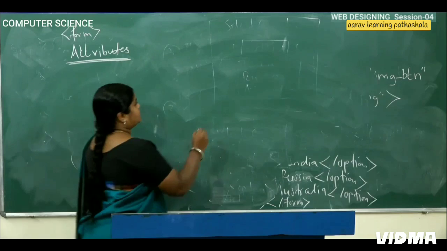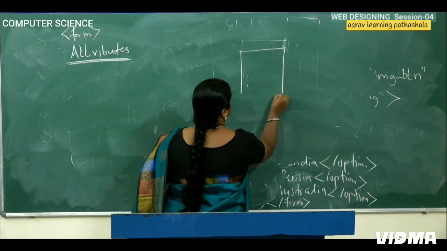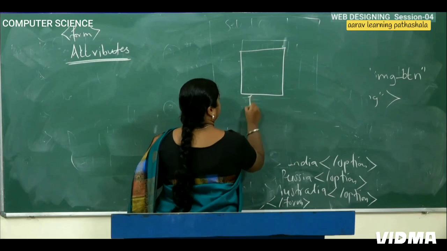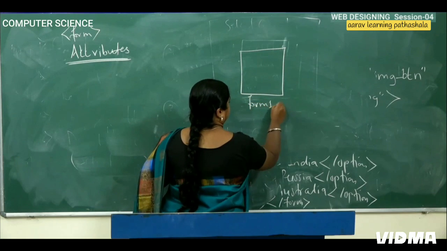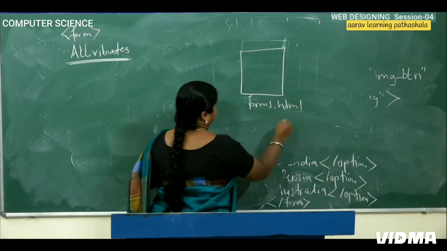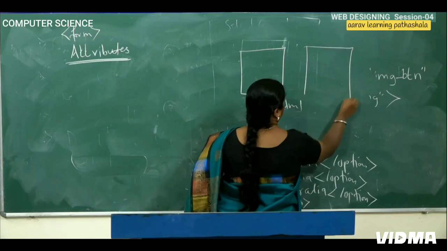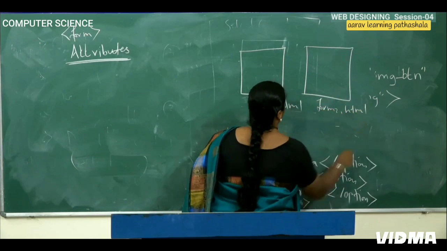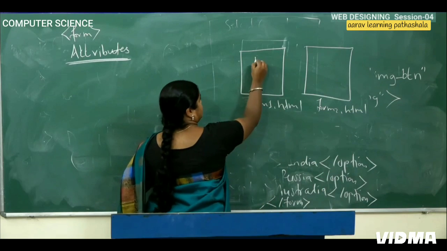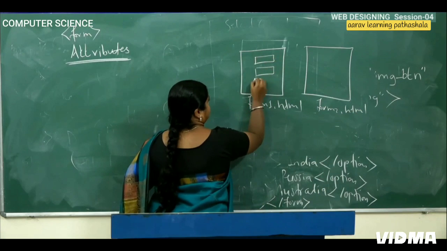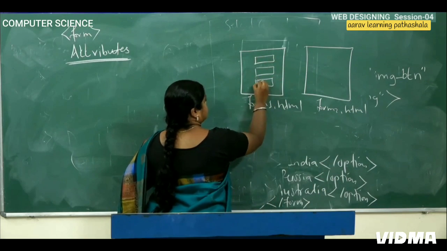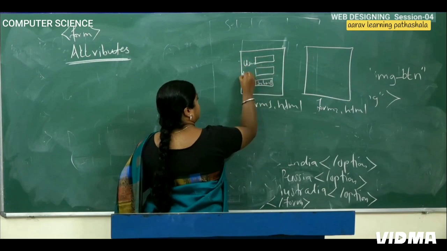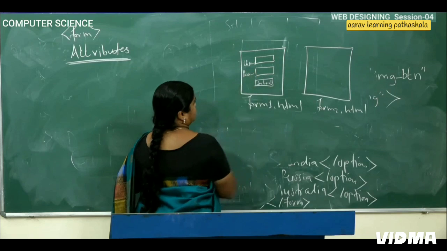Now let's take an example. Suppose this is form1.html, and suppose this is form2.html. Now in this particular form1, there are some data present here. Suppose this is submit button, this is username, and this is password.